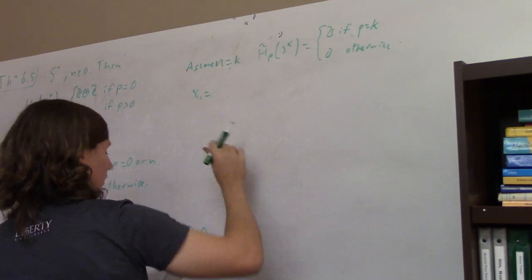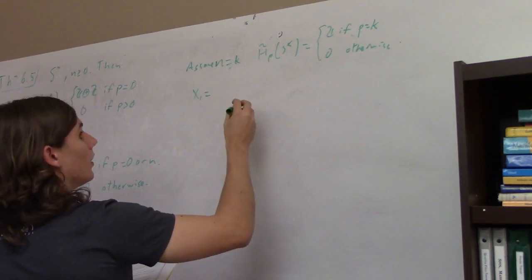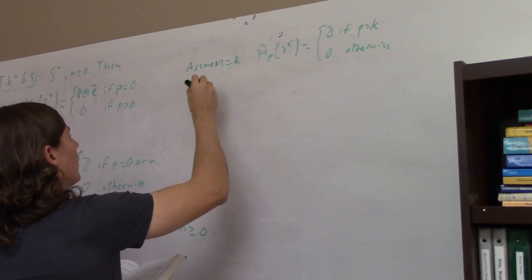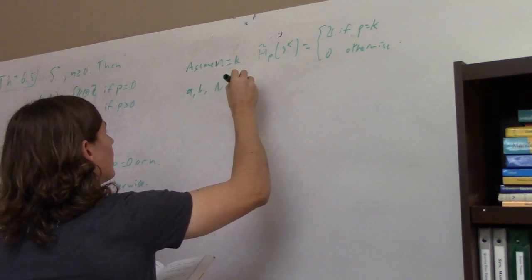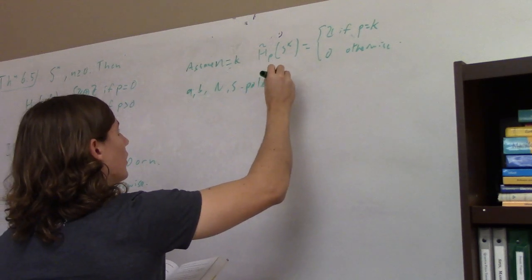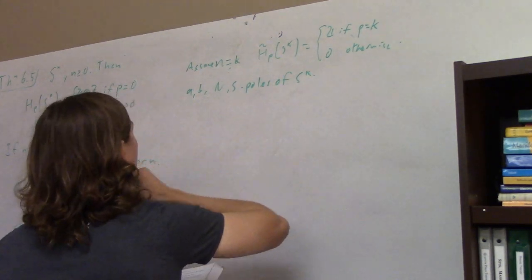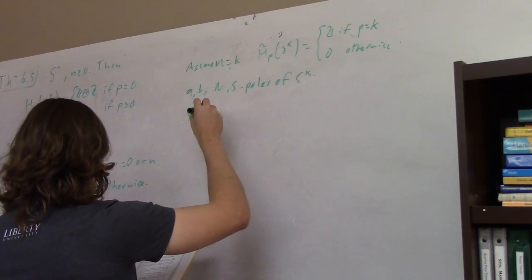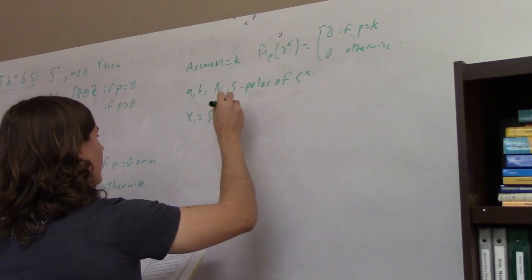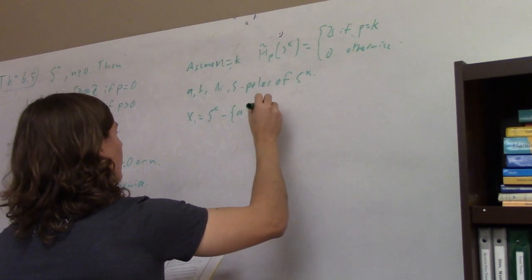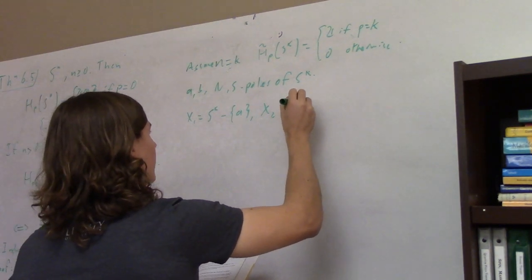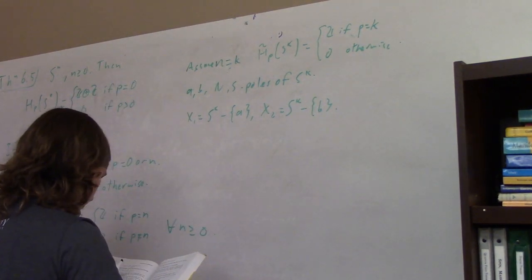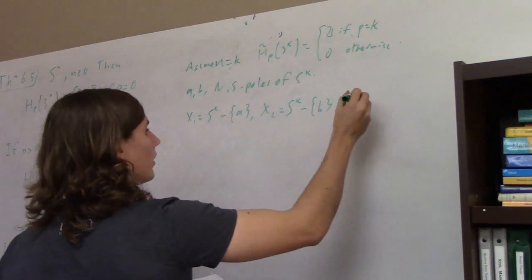Maybe I should write that. Then let X1 be equal to S^k minus the north pole, and X2 equal to S^k minus the south pole. And so S^k is equal to the union.